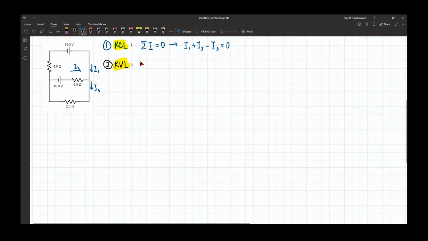Okay. So here, the sum of the voltage gains or drops in the system is equal to 0.